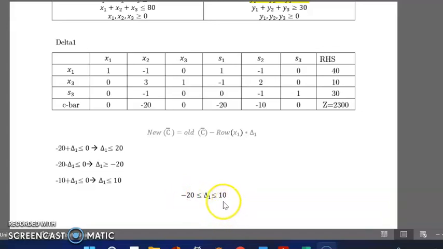And this means that as long as we do not increase the profit rate of product 1 by more than 10, and we do not decrease its profit rate by more than 20, optimality shall be preserved. So in question 6, we have delta equal to minus 10. So minus 10 is between minus 20 and 10, which means that optimality is preserved.